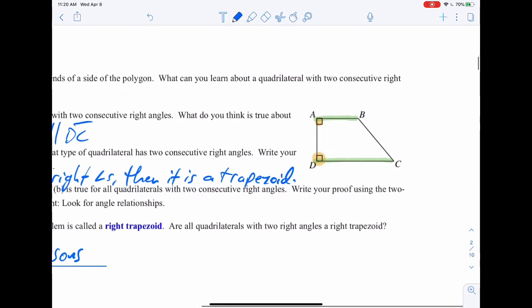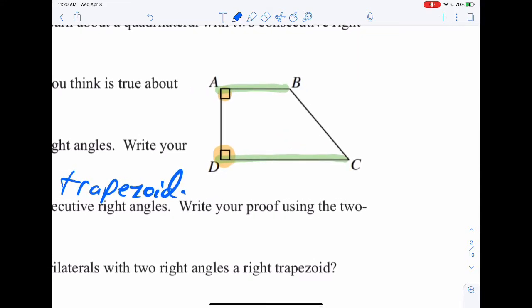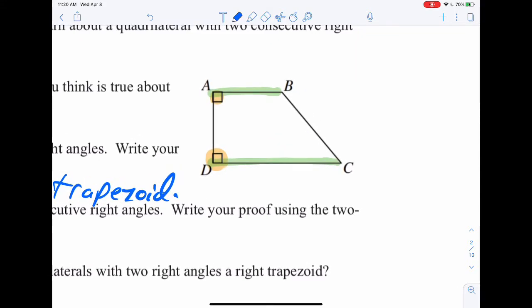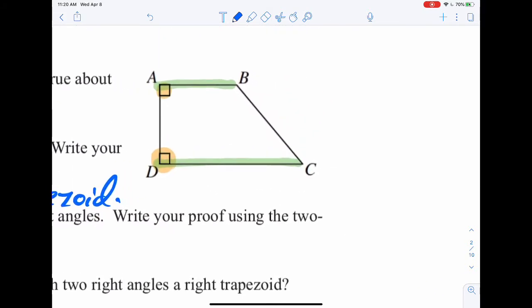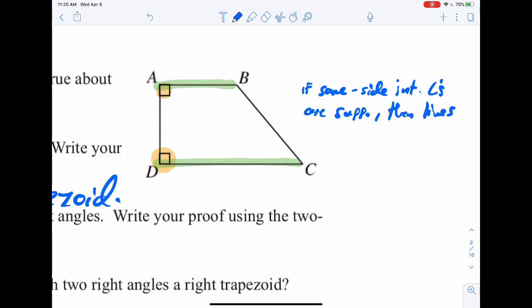So hopefully you saw in that problem that we used the concept that if same side interior angles are supplementary, then lines are parallel. That's the same side interior angles converse.